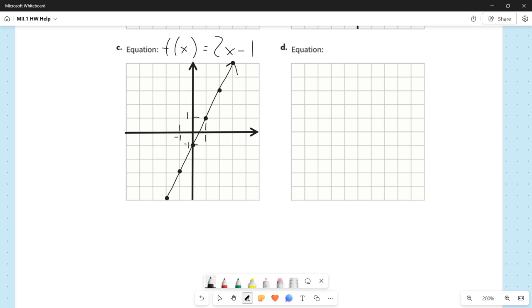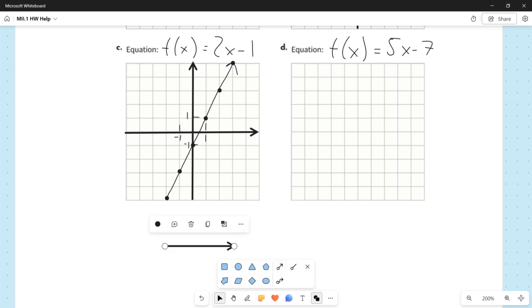Last part of this question was part D. Our explicit equation from D was f of x is 5x minus 7. And again, we will include some axes here.